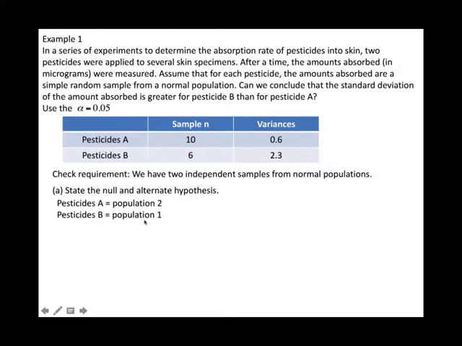To decide, we compare the sample variances. The one with the greater sample variance is your population 1. So pesticide B is your population 1, and pesticide A is your population 2. Write it down first. And then we need to know, are we working with the standard deviation or the variance? So look at the claim statement.